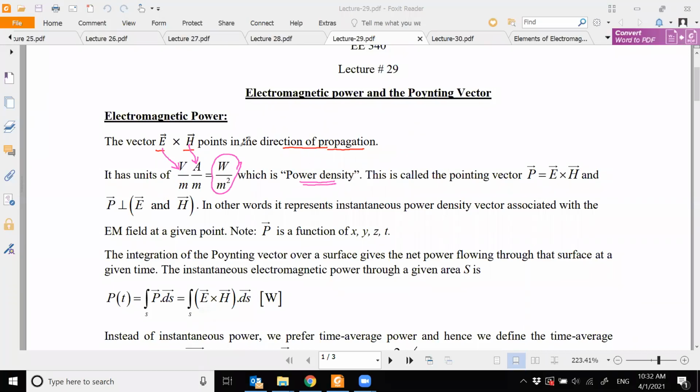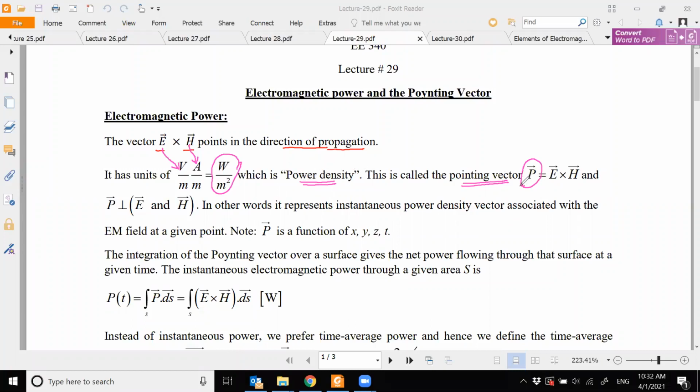And that's why this E cross H, which till now we said is the direction of propagation, is actually called a Poynting vector. It is called a Poynting vector because it is indeed carrying both of them. E cross H is indicating a power density in the direction of propagation.